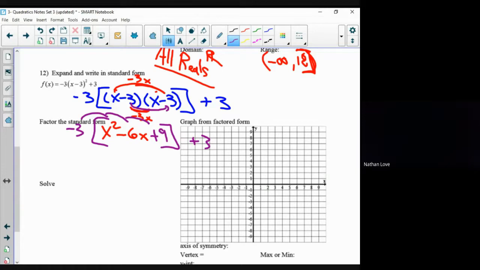Minus what? No, they all have to be in there. Factor this. -3 and all this. Now take the -3 and just distribute to each of these.